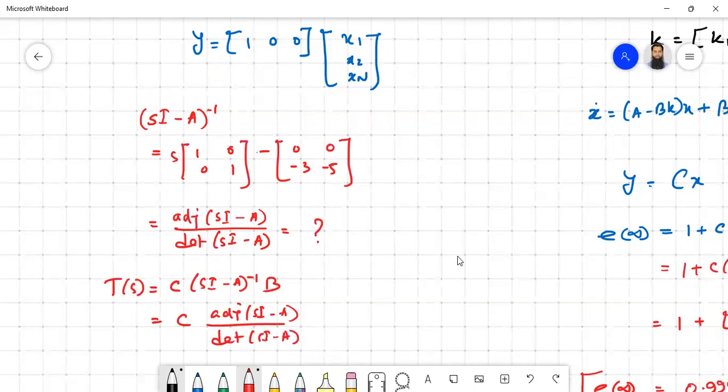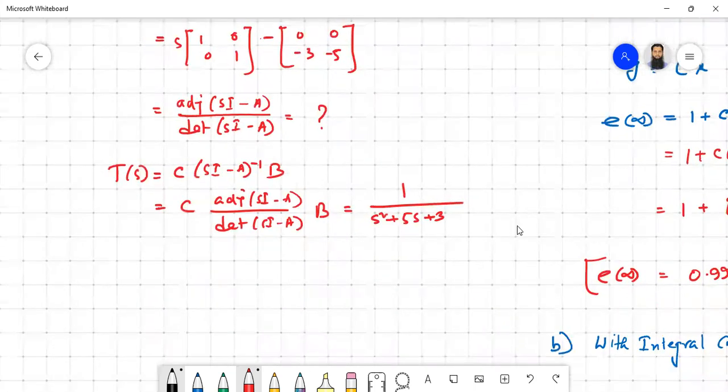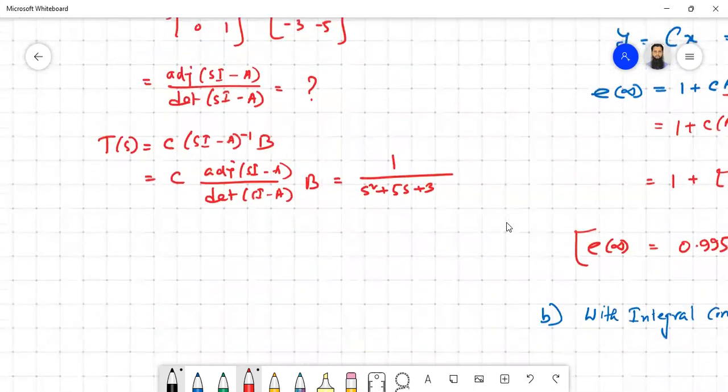You just apply those, and eventually we are going to see that it will be 1 by s square plus 5s plus 3. So why are we interested in this one? Because we want to know whether our system has any zero or not. If there is any zero, we place it exactly in the same location, then we validate with our final result. So since the original system has no zero, in our closed loop transfer function we also assume that it will have no zero.